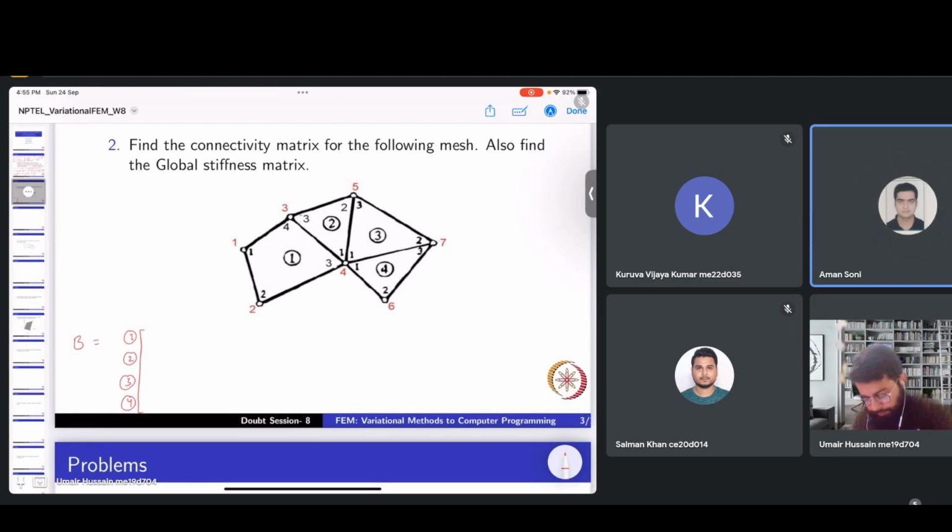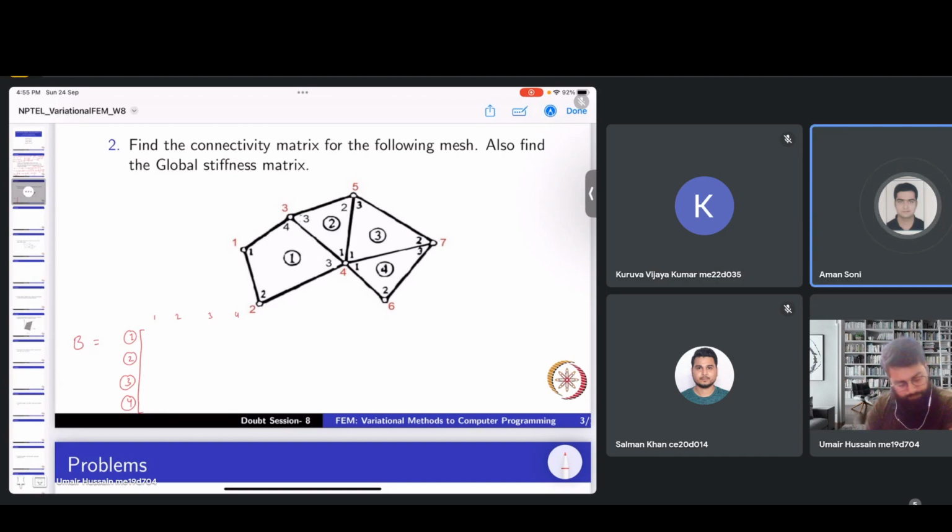It will simply be 2 4 3 1, I guess. No, no. If you see this figure, the numbers in red are the global numbers, and the numbers in black are the local node numbers inside.